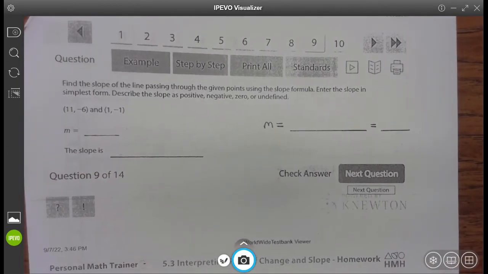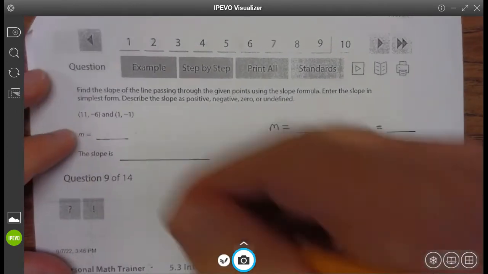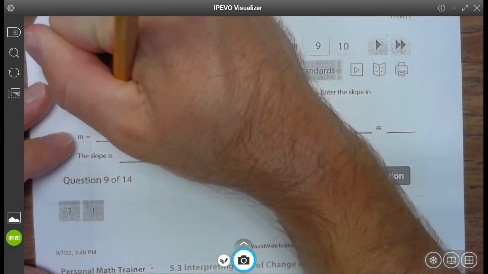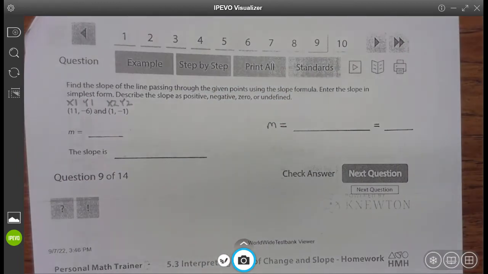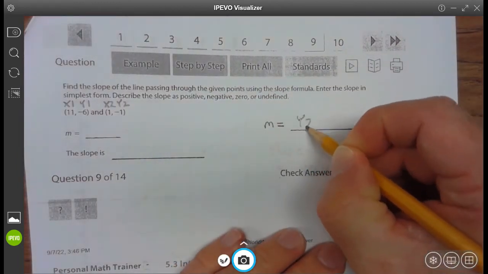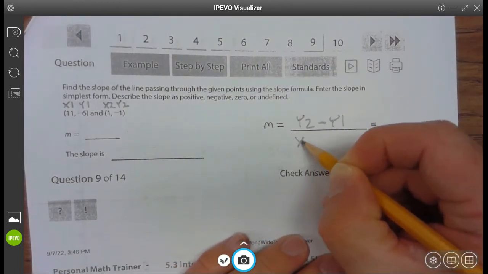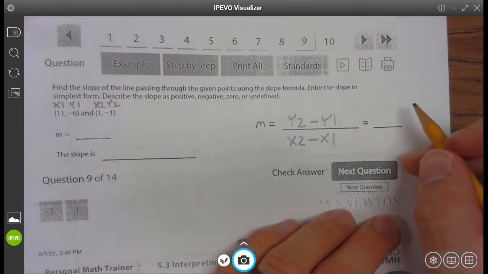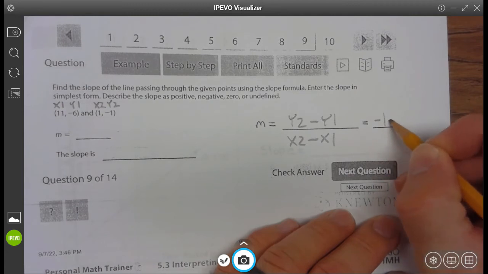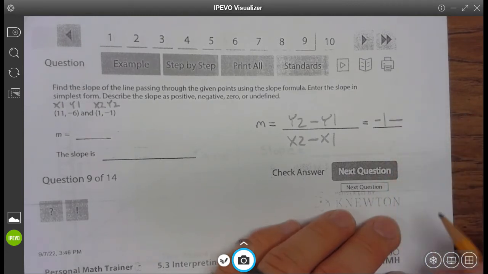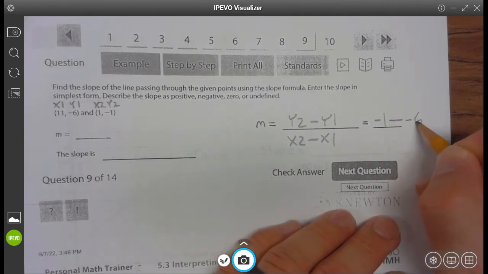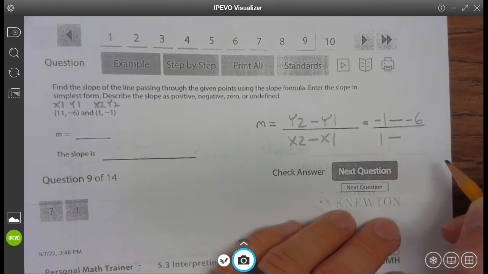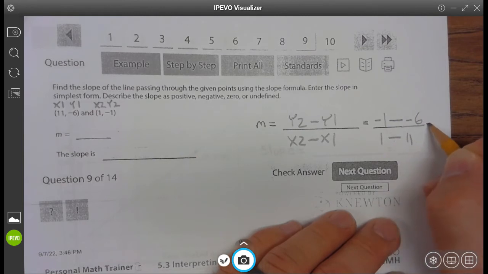Find the slope of the line passing through the given points using the slope formula. So this is x1, y1, x2, y2. So we know the slope is y2 minus y1 divided by x2 minus x1. So y2 is negative 1 minus negative 6 divided by 1 minus 11.